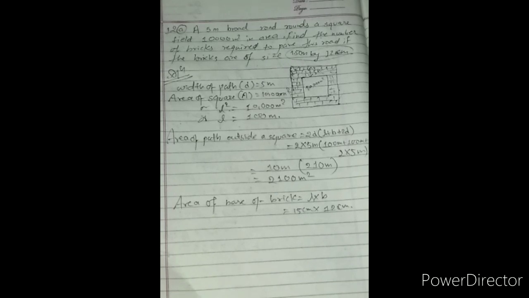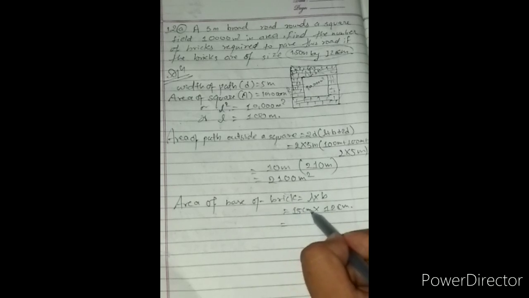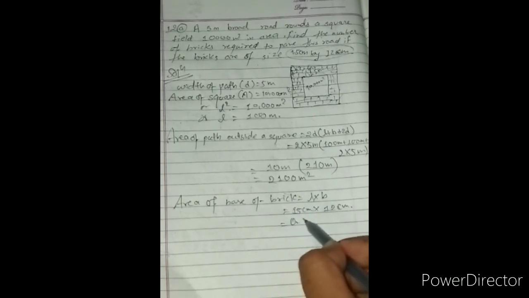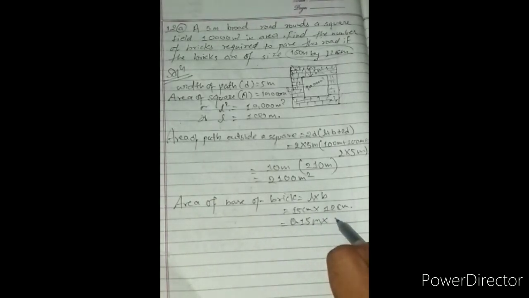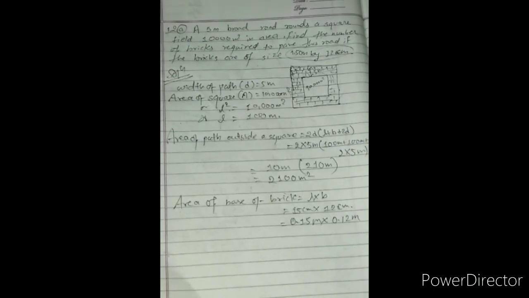But here our area of path is given in meter square, so we have to convert this also into meter square. 15 centimeter into meter is 0.15, because we have to divide by 100. 12 divided by 100 is 0.12 meter.